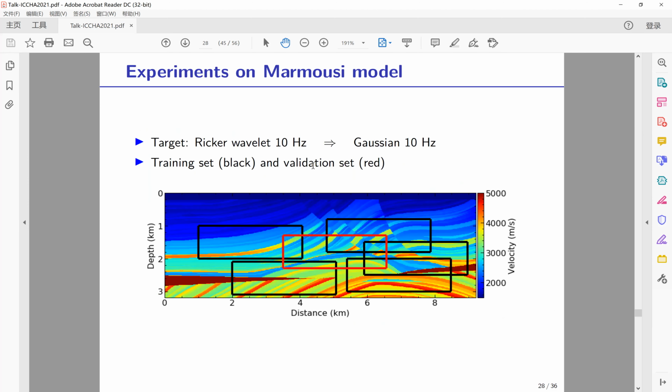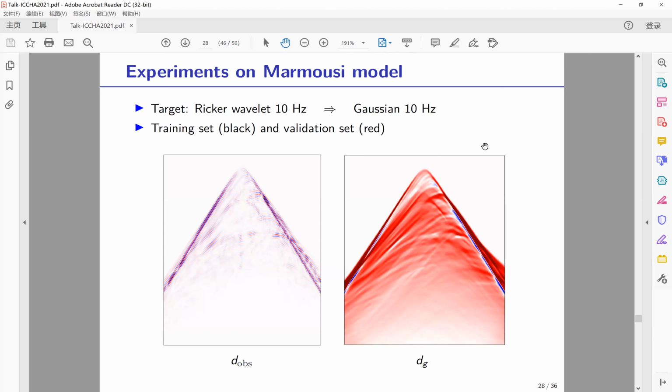We ran experiments on the Marmousi model. Our target is to transform the weaker wavelets to Gaussian wavelets. The black part is our training data, and the red part is our test data. This is Dobs, our original observed data, and this Dg is our transformed data.